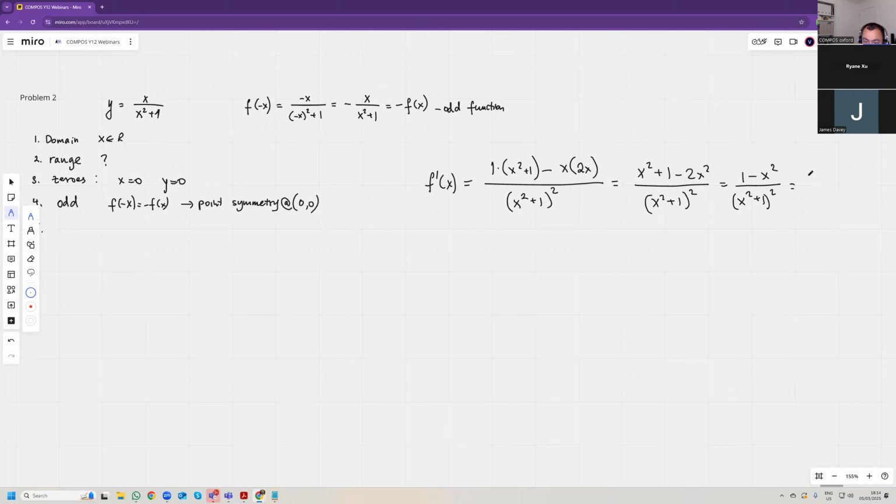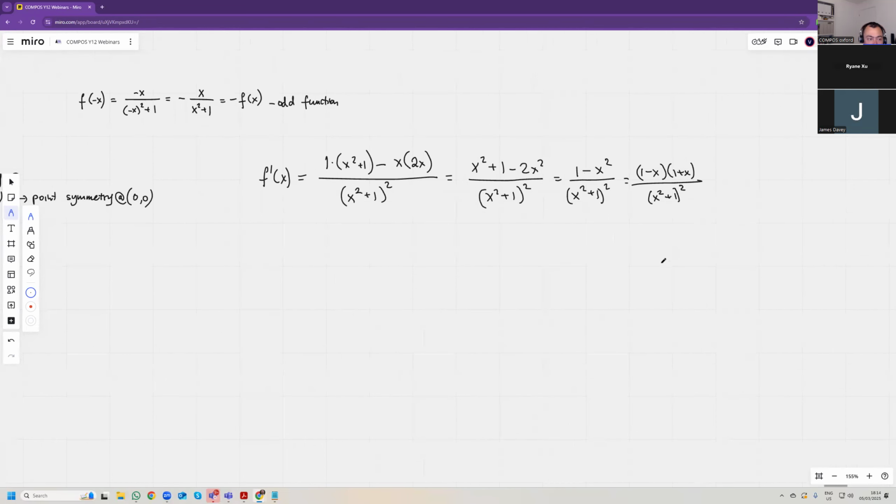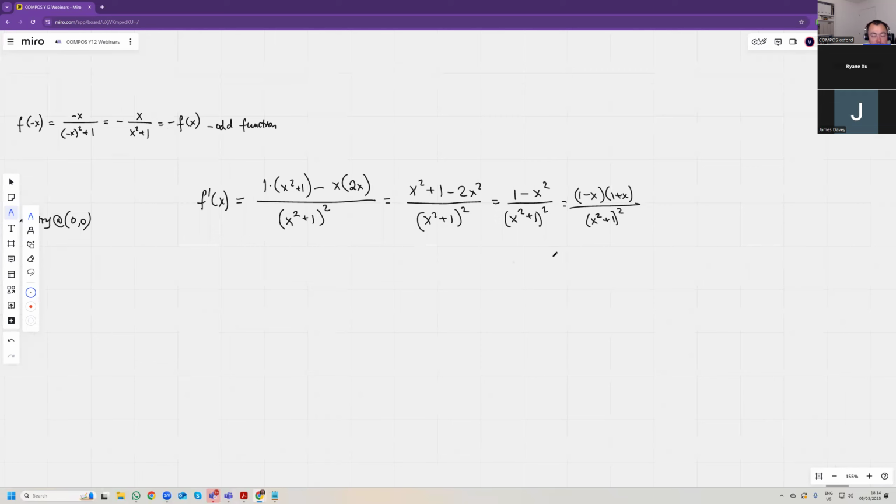And this is 1 minus x, 1 plus x, over x squared plus 1 squared. So you can see that the bottom is always positive, so we don't care about this one.